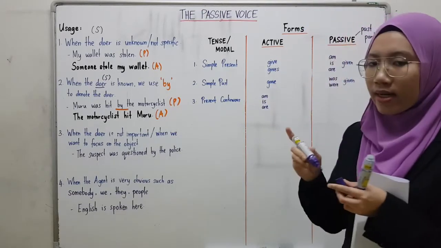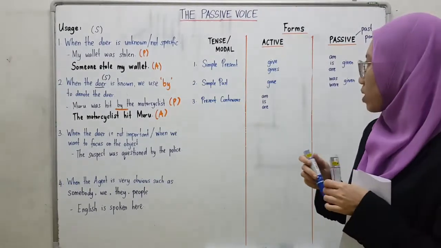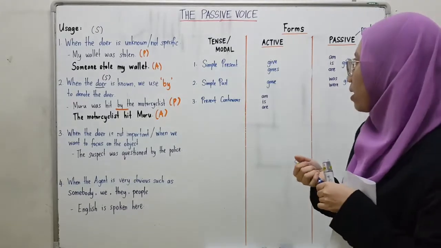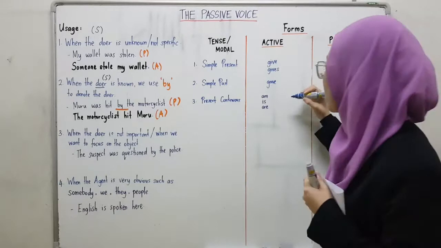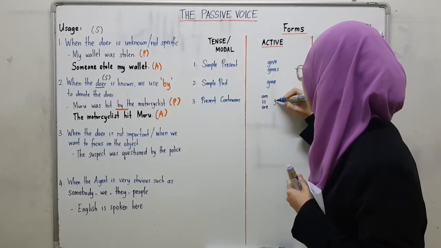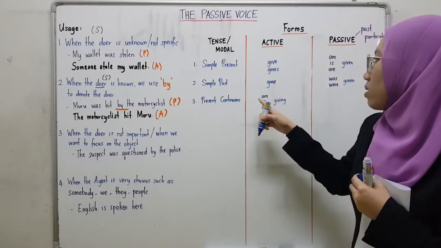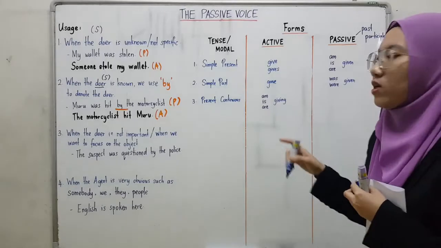Am is for I, is for singular and are is for plural. The verb has to add ing at the end of the verb. So give will become giving. I am giving. He, she or it is giving. We are giving. They are giving.